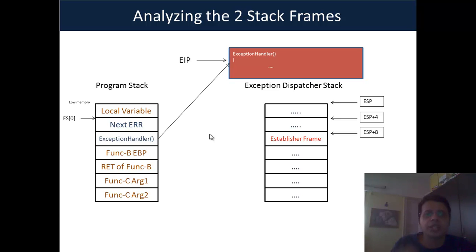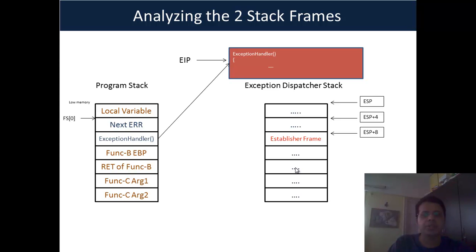They figured out that they need to call the first filter expression. The first filter expression has been called, which points to the exception handler, and this pointer is pointing to the exception handler where EIP is currently positioned. At this exact stage, when we have not yet started executing even the first instruction in the exception handler, this is how the dispatcher stack looks.